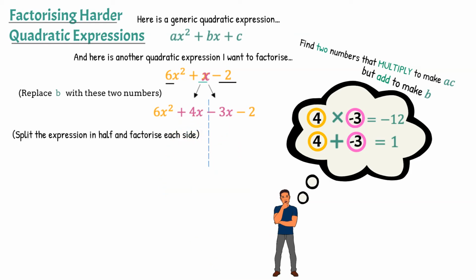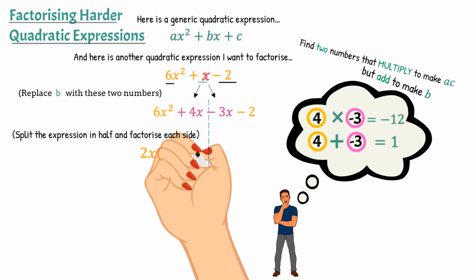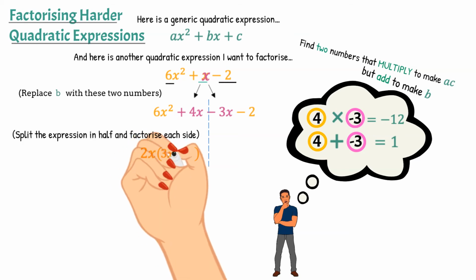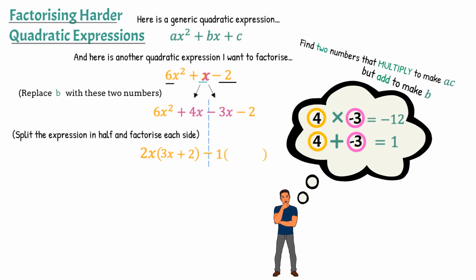On my left-hand side, my highest common factor is 2x, and I'm left with 3x plus 2. Whatever the sign is in the middle of the expression, do carry that down. And then I look at my 3x and minus 2, and the only thing I can remove is 1. So I'm dividing by minus 1, and I'm left with 3x plus 2.